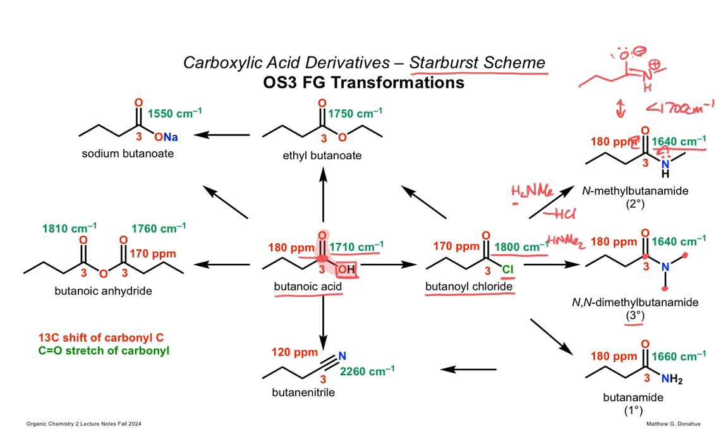And then to make a primary amide, you basically have to start with ammonia. So that makes just 1 bond to carbon. And so acid to acid chloride to amide, where the nucleophile you use is an amine.